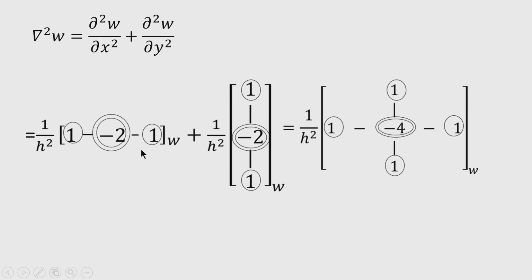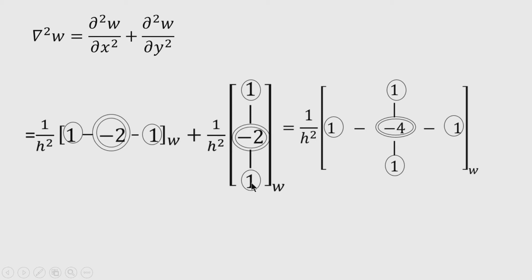Then towards the right it is 1 and this is 1. Similarly, the second derivative in the y direction is vertical. So, we write in the vertical line minus 2 as the central deflection coefficient, and then upward it is plus 1 and downward it is plus 1.